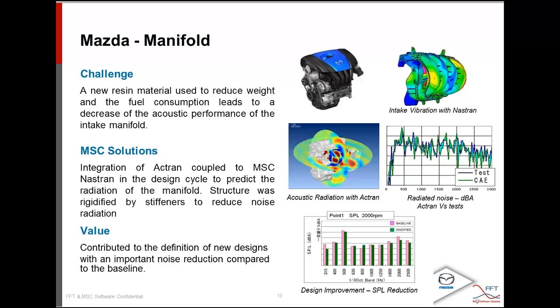With Actran, you can use vibrations computed by an FEA software for predicting radiating noise and the contribution of several engine parts to this radiating noise. So there is good correlation with experiments that can be seen on the graph on the right. And so with Actran, Mazda succeeded in achieving its challenge, reducing the weight and reducing the noise.